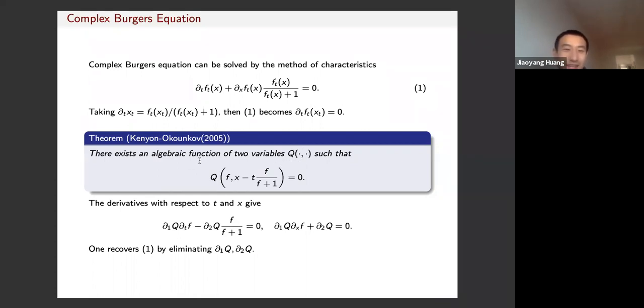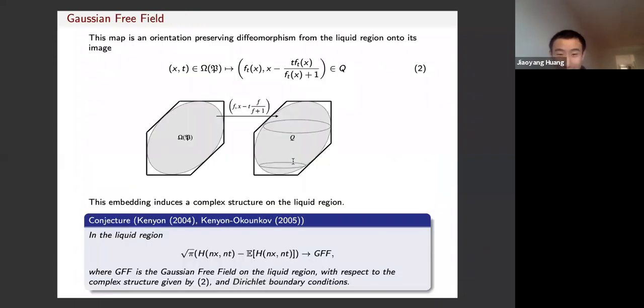And because Q is algebraic, you can think this Q defines a Riemann surface. And in the paper, Kenyon and Okounkov made this conjecture. You can think this Riemann surface gives a map from the liquid region to the Riemann surface Q. Use this map from (x, t) to f, x minus t times f over f plus 1.